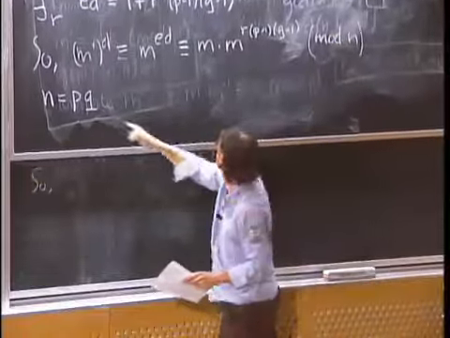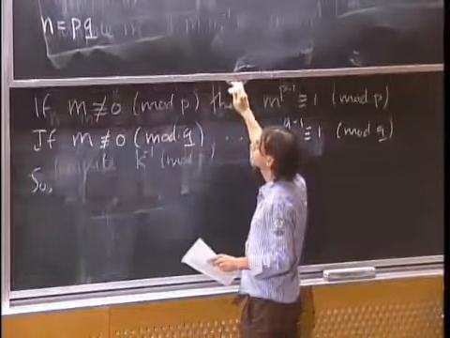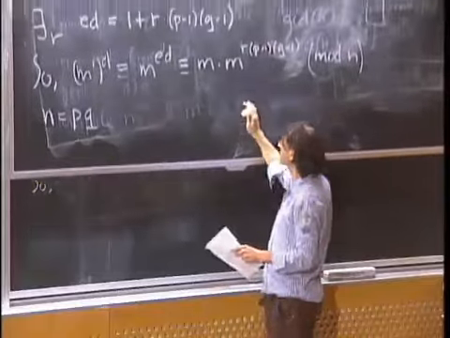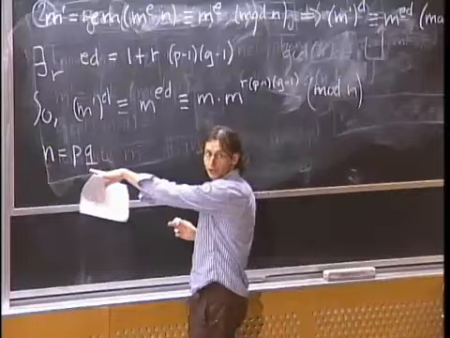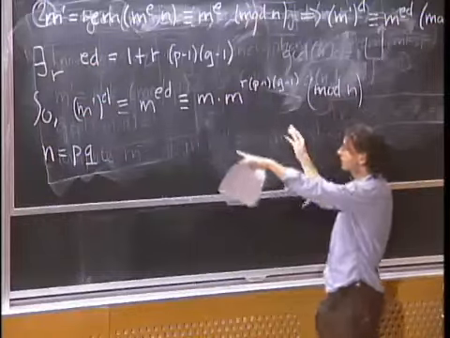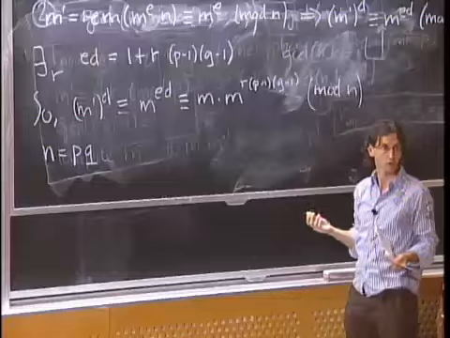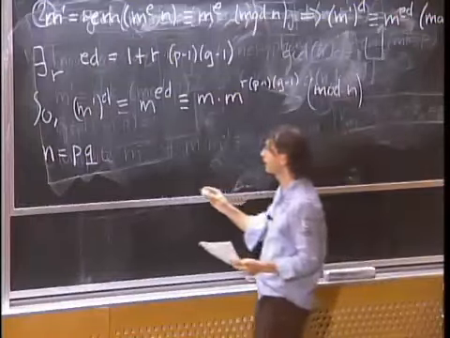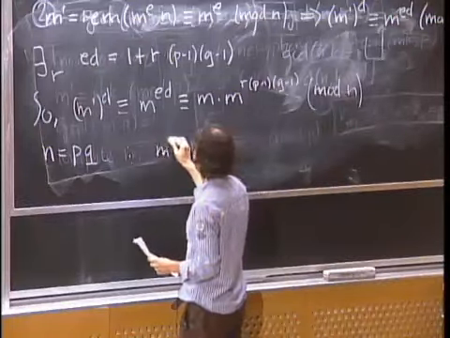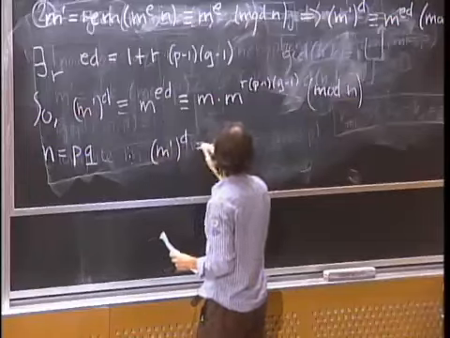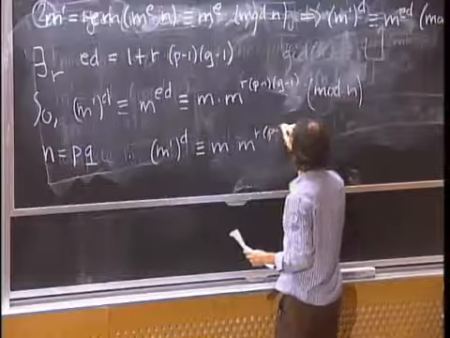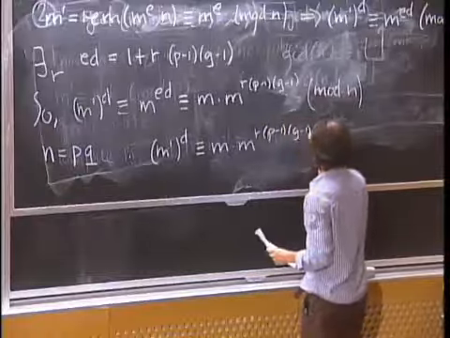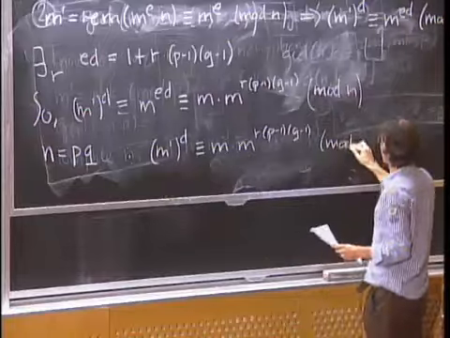Now n is p times q, so let's have a look at what that means. It means that since n is a product of p and q, we can also look at this congruent modulo p. So in particular, we know that m prime to the power d is congruent to m times m to the power (p minus 1) times (q minus 1) modulo p.